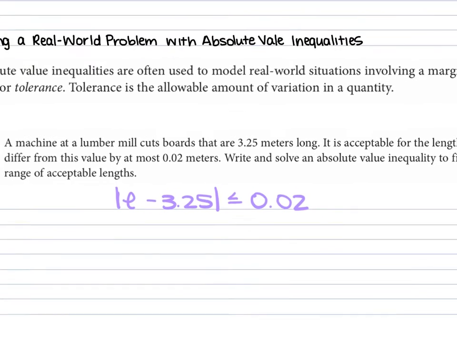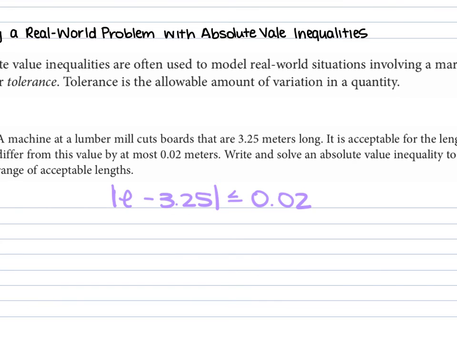Because we're not multiplying or adding anything to the absolute value, we're going to have L minus 3.25 is greater than or equal to negative 0.02, as well as L minus 3.25 is less than or equal to 0.02.